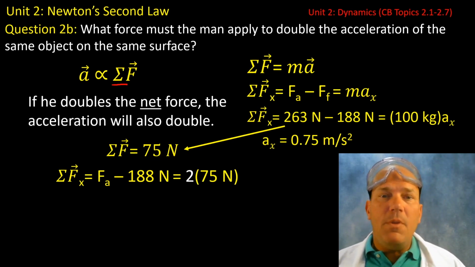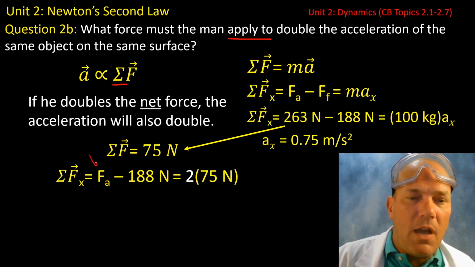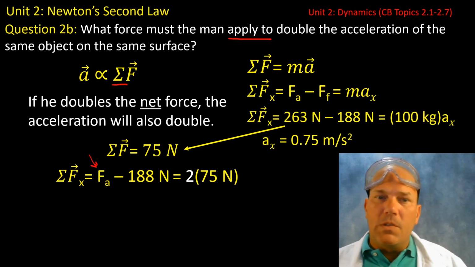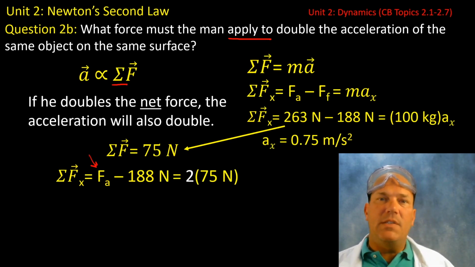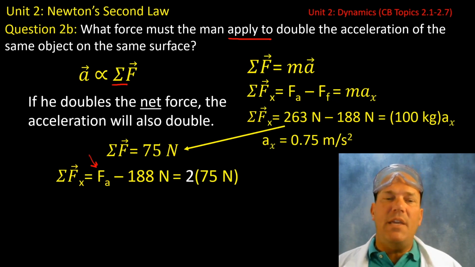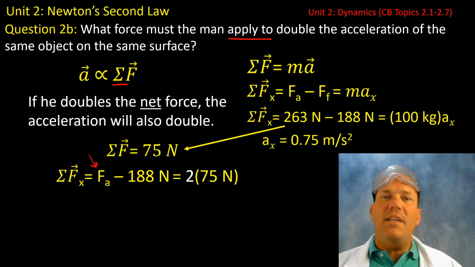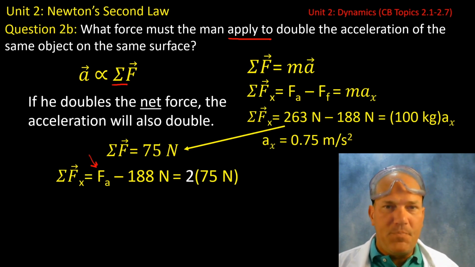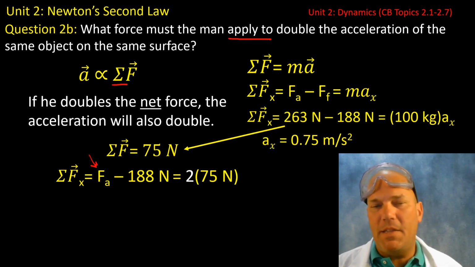Now this problem is saying what force must the man apply? So we are solving for the force applied. Friction is not going to change. It's the same object on the same surface. And even though we haven't talked about kinetic and static friction, that's coming up, you have enough of an idea of what friction is to understand that.